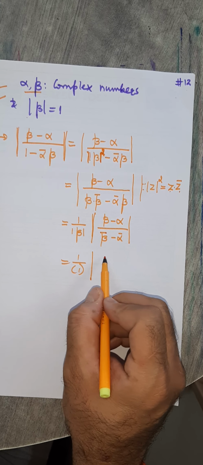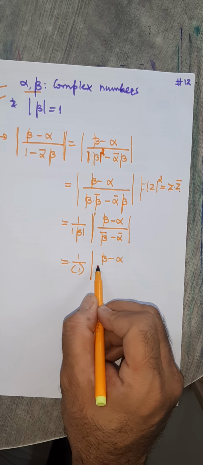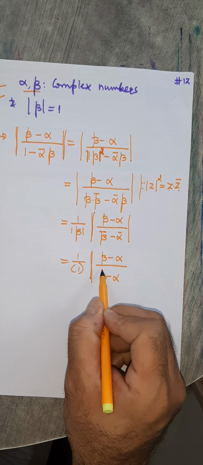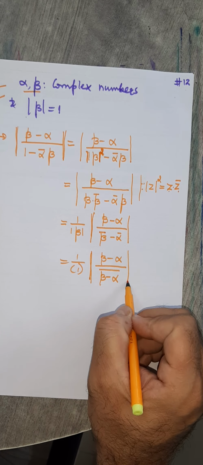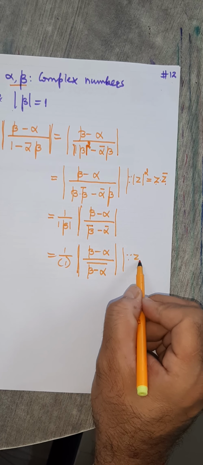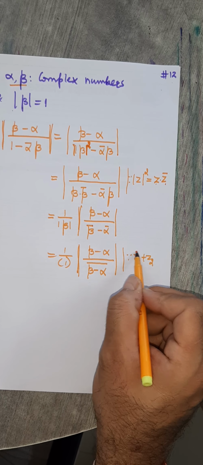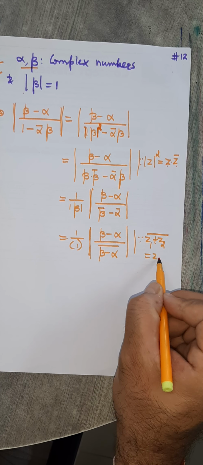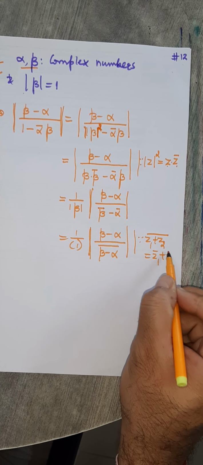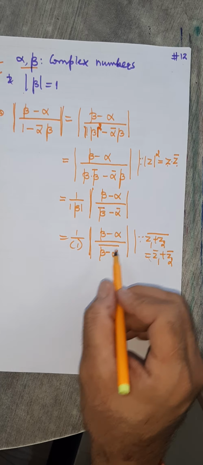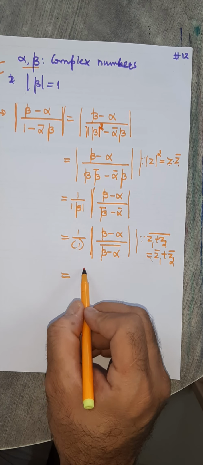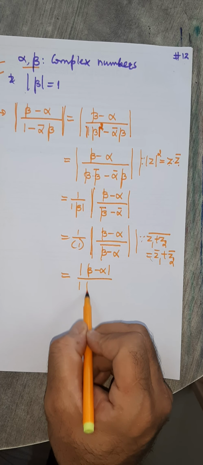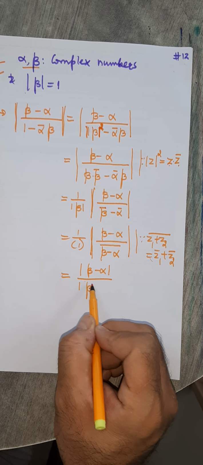Now here beta minus alpha as it is. If you recall, you can write the whole conjugate here. You know this property, (z1 + z2) conjugate equals z1 conjugate plus z2 conjugate. So instead of this, I wrote this here. Now again the property of modulus, modulus of the numerator upon modulus of the denominator.